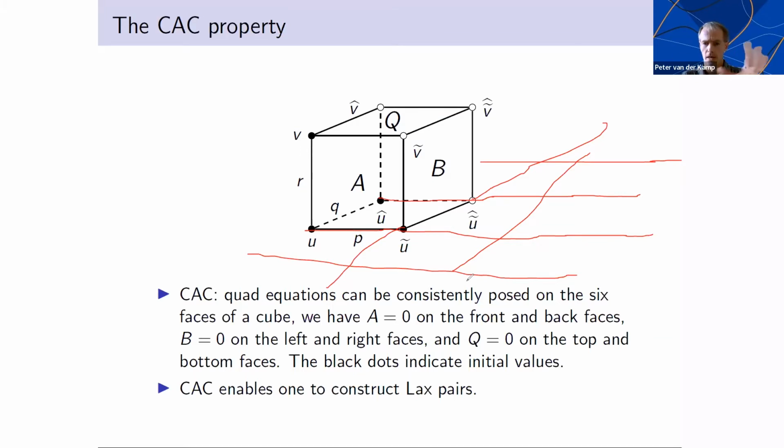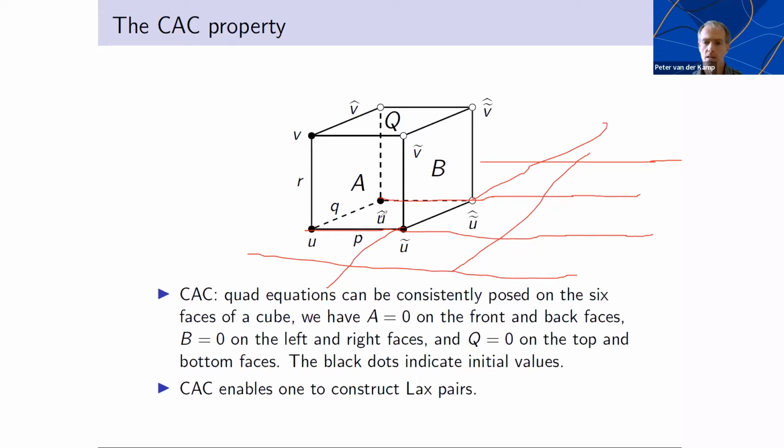And then you have a lattice equation, which is a quad equation, so a relation between 4 points, u, and a shifted version of u. So we are thinking of u as dependent on 2 discrete variables. And if you shift one of the variables, that's denoted by this tilde, and hat is a shift in the other variable. So here are 4 points on the lattice. They satisfy a relation, which is a quad equation.